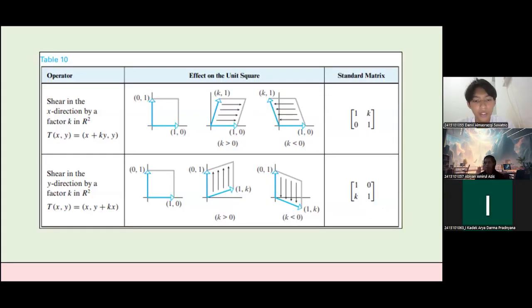And now I will explain shear in the x direction. As we can see in the operator, T(x, y) equals (x plus k multiplied by y, y). And that is the formula for shear in the x direction.